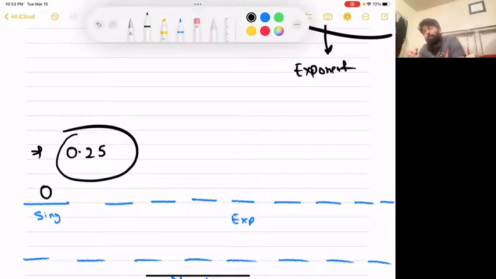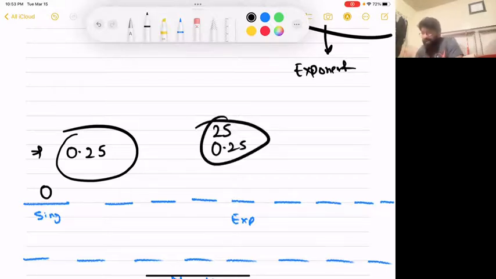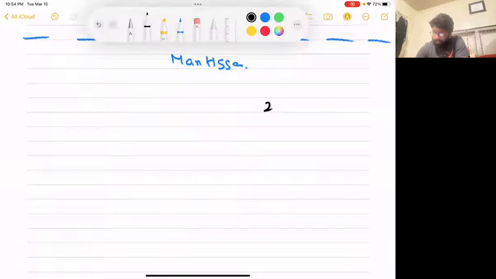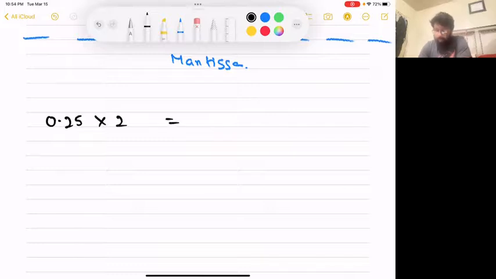Now we have to convert this number to binary. I mean, we know how to convert 25 to binary, but do we know how to convert 0.25 to binary? It's kind of a different method. So in order to convert 25 to binary, we divide it by 2, right? But in this case, since it's 0.25, we're gonna multiply by 2. So what do I mean by that? So we're gonna have 0.25, we're gonna multiply this number with 2, which gives us 0.5, right?